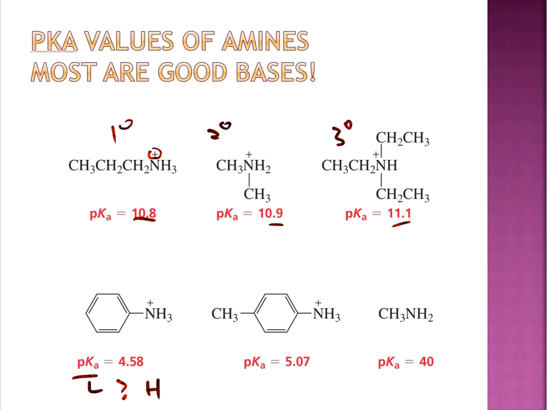So why are these two much lower than the ones up at the top? Well, as you can maybe expect, the answer is going to be delocalization. So when we put an amine group on a delocalized network, like a benzene ring, for instance, this is a double, single, double, cause you trouble.